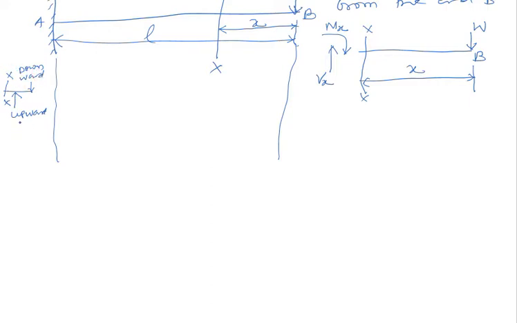A shearing force having an upward direction is taken as positive, whereas a shearing force having a downward direction is taken as negative, correct?